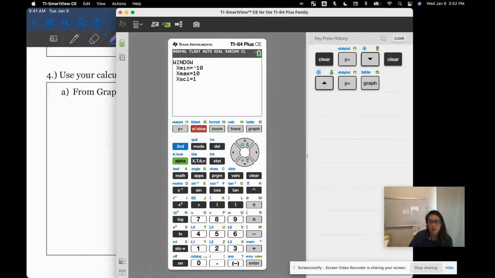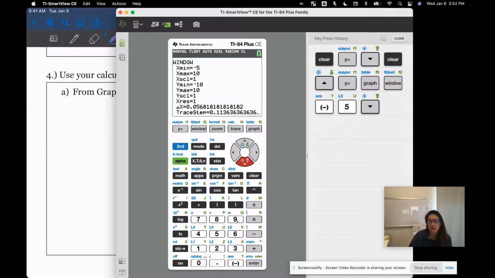So I'm going to press window and I'm going to change the x, or the window domain, to -5 to 5. Okay. The scale is the tick marks. So every 1 unit, I see a tick mark.